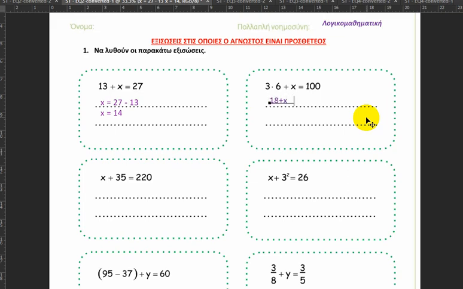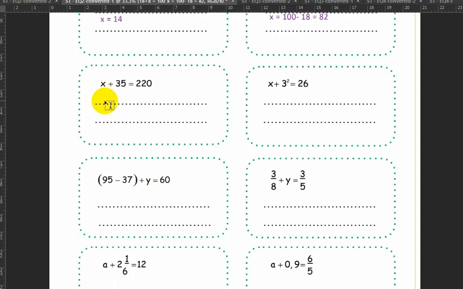So we'd have 18 plus x equals 100. So we would have that x is equal to 100 minus 18, which is equal to 82. Next, we have x plus 35 equals 220. So x is equal to 220 minus 35, which means that x is equal to 185.